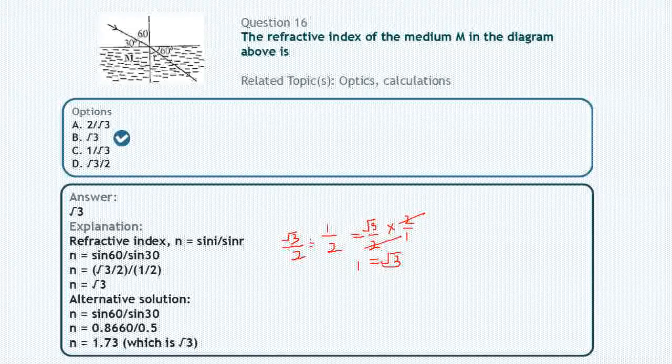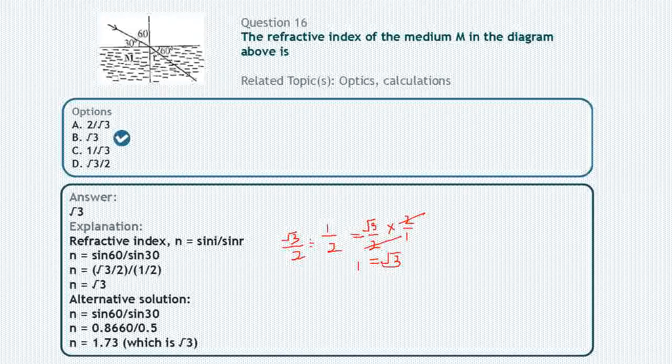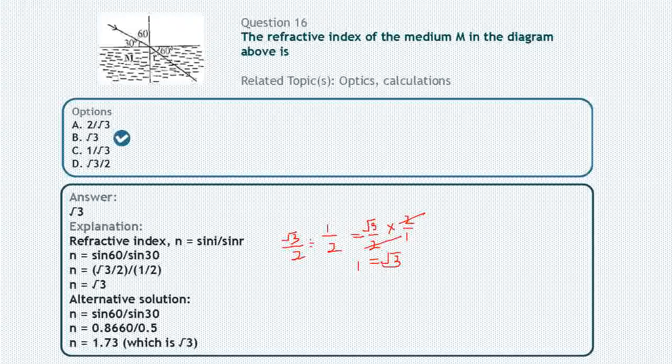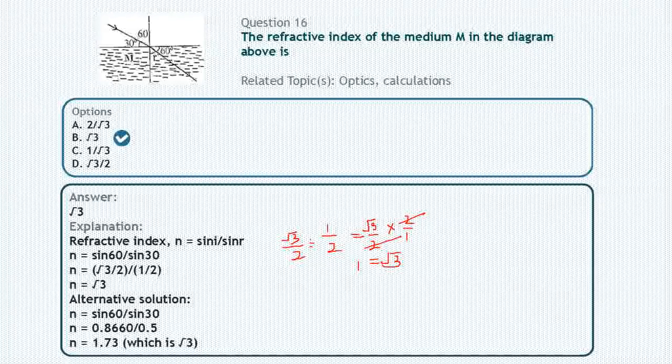This is the normal here, while this is the incident ray. This bent ray of light inside is what we call the refracted ray. The angle of incidence is the angle between this incident ray and the normal, which here is 60 degrees. So our I, the angle of incidence, is 60.